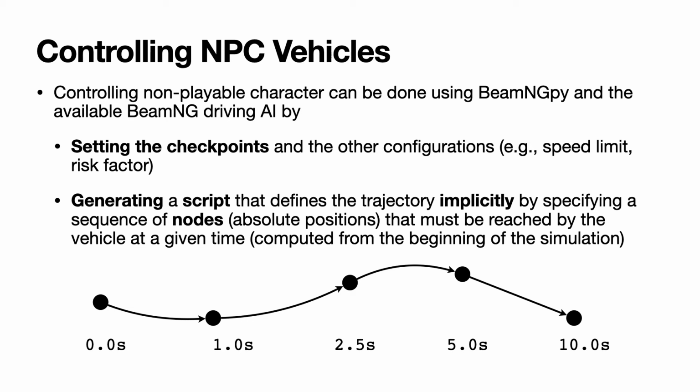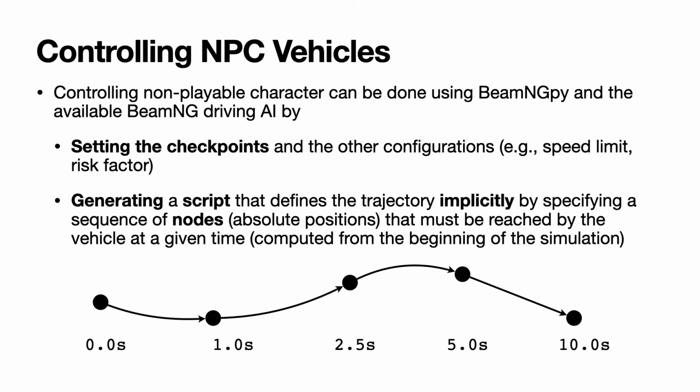The other possibility is to generate this script, which creates a trajectory implicitly by specifying a sequence of nodes that must be reached in time, as I told you. So here, for example, I exemplify this, saying that at time 0, when the simulation starts, the car must be in the initial position, in this leftmost node.